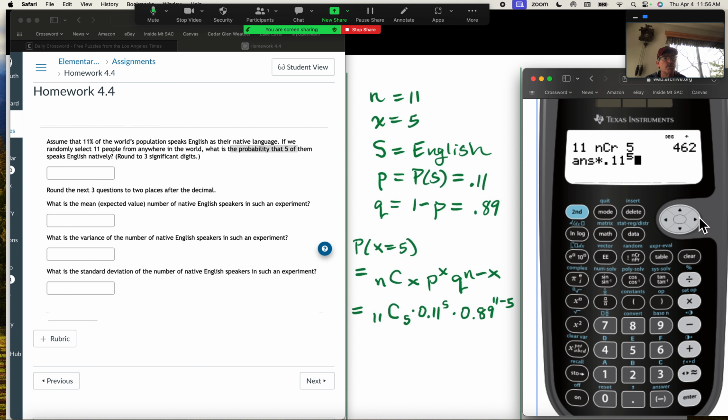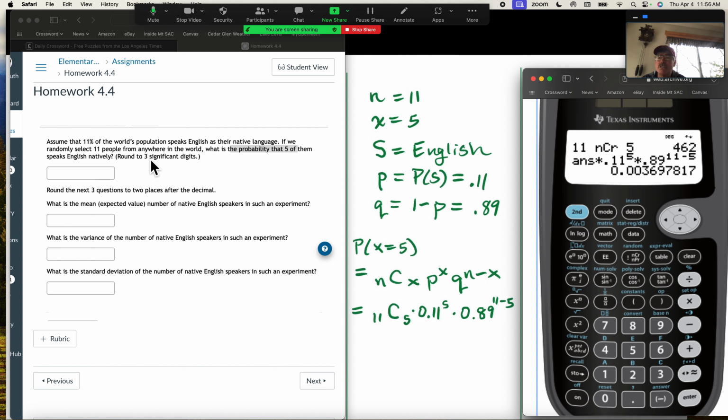And leave the exponent, and then times 0.89 to the 11 minus 5. Okay, and so that's probability.